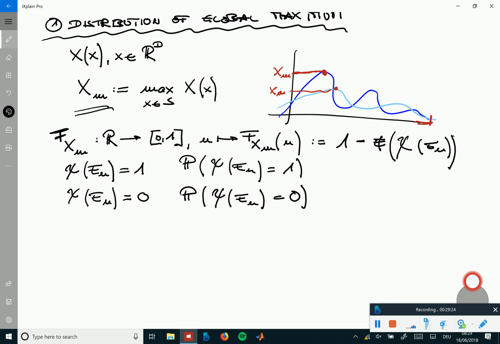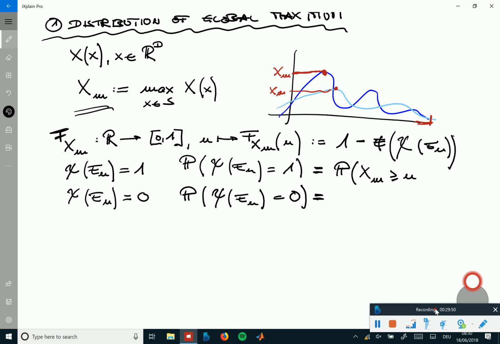So this then leads to this equivalence of probabilities: the Euler characteristic being 1 is the same, that's a heuristic argument, as the probability for the global maximum to be larger or equal to u. Yeah?